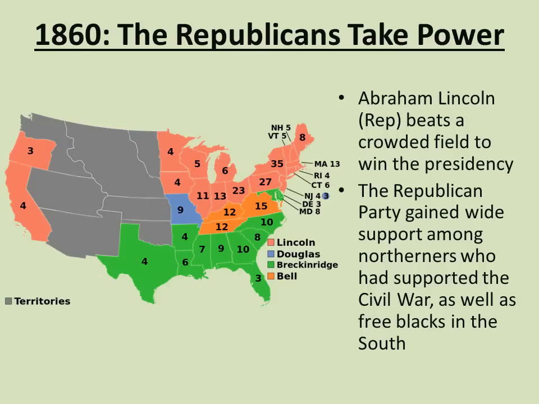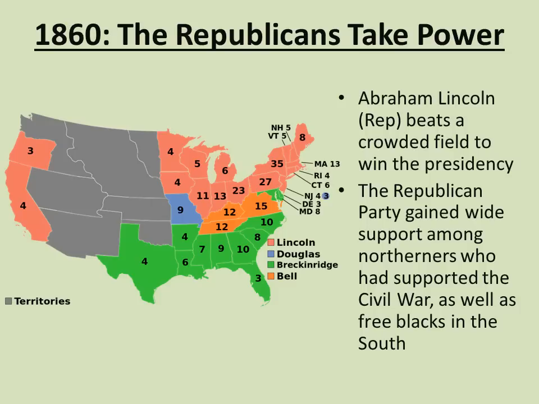The Republican Party, as I mentioned in the last video, was primarily made up of former Whigs and just a mishmash of other third parties that had come and gone in the 1840s and 1850s. But the Republican Party ends up gaining staying power, even though it had started off as a third party, because it got the support of pretty much everyone who had supported the Civil War, that being a lot of Northerners and Southern blacks as well.